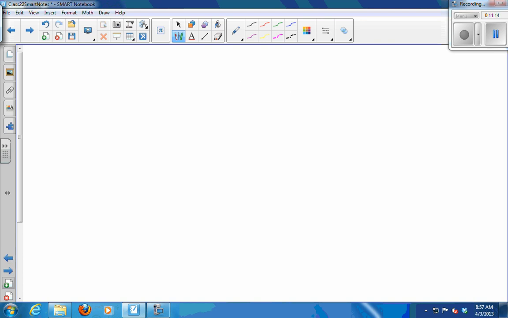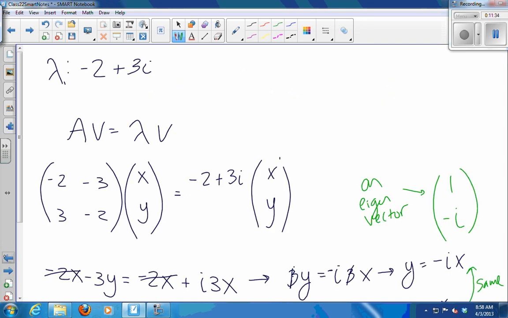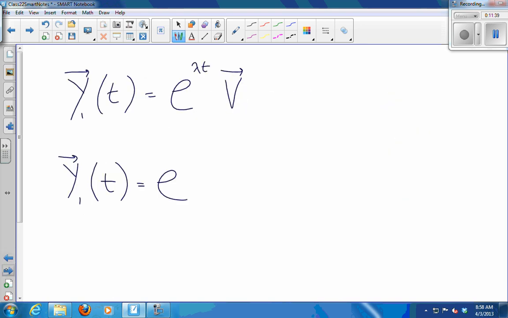Okay, so I have a particular solution, e to the lambda t v. We'll call this y1, I guess. Lambda was the value negative 2 plus 3i, right, was my eigenvalue. And then my eigenvector was 1, negative i or 1, i. You can use either one.